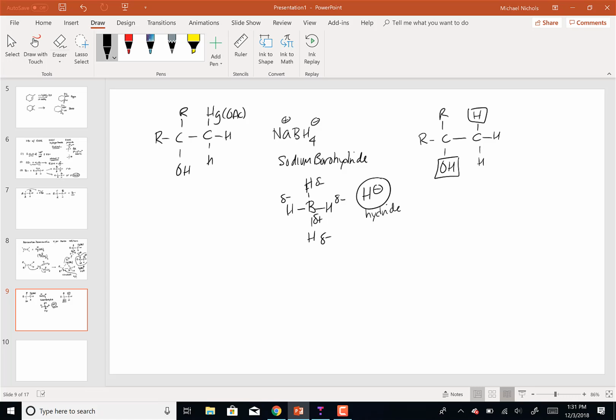Okay. So this is a two-step process. I would not ask you to write either mechanism, but if you want to remember that mercury is like bromine, or is like the bromonium ion, you remember it's a triangular intermediate. That helps you remember 100% trans. Okay. All right, so let's take this.